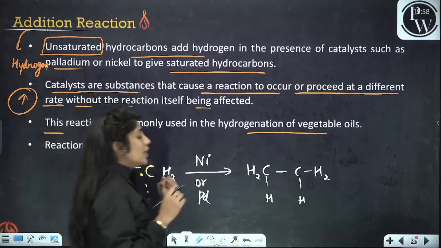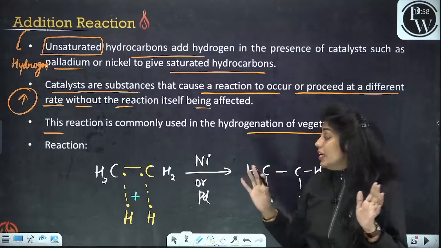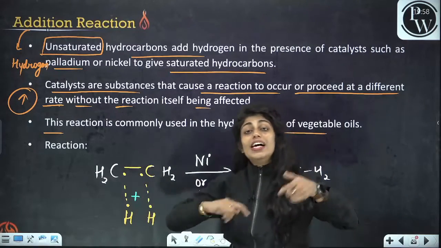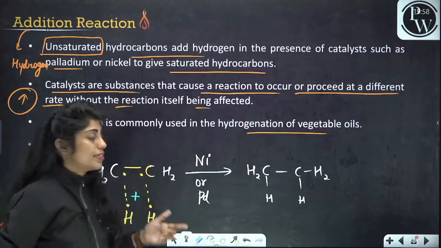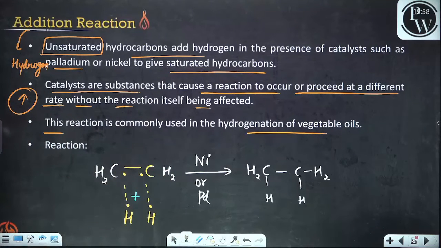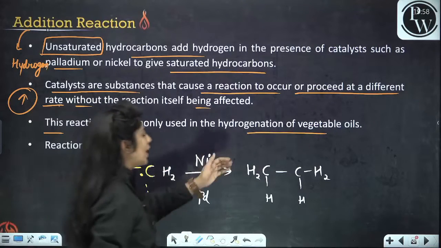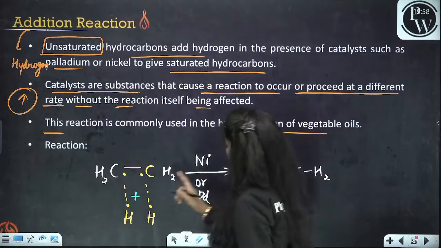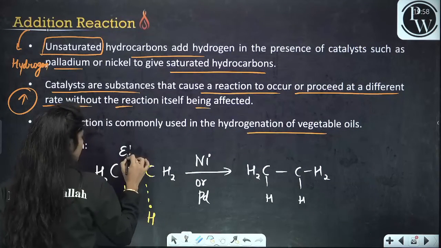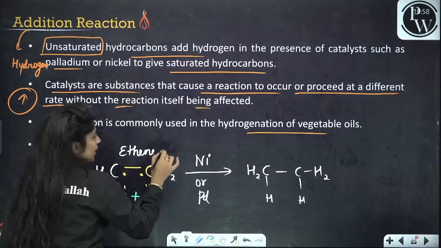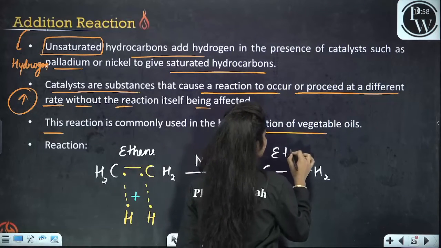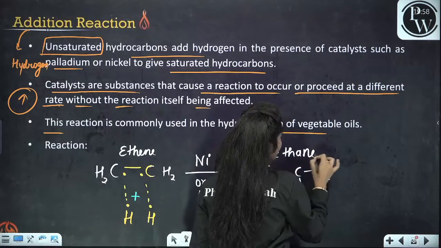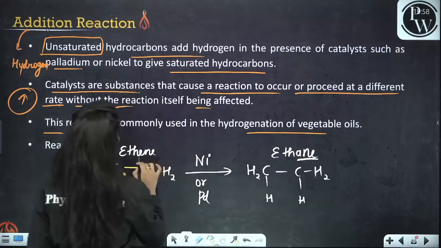So, this is happening. Addition of hydrogen in the unsaturated hydrocarbons and making the saturated one, single bonded hydrocarbons. Name ethene. Now, ethane. Big difference. Can you check it?